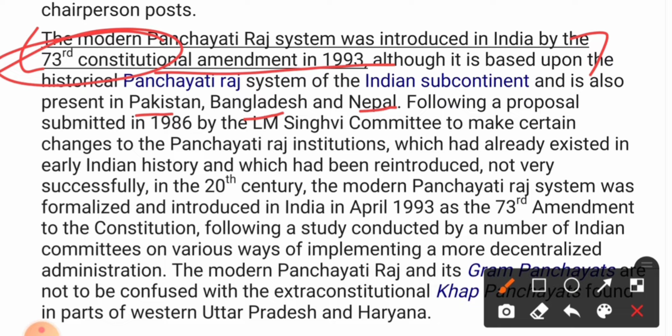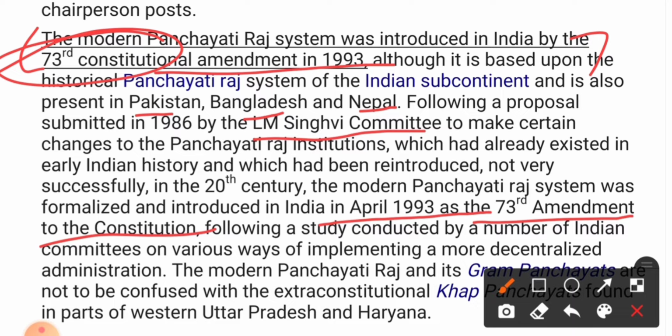It followed a proposal submitted in 1986 by the L.M. Singhvi Committee to make certain changes in the Panchayati Raj institution, which had already existed in early Indian history and had been introduced, not very successfully, in the 20th century. The modern Panchayati Raj system was formalized and introduced in India in April 1993 as the 73rd Amendment. Okay, the date is also given.